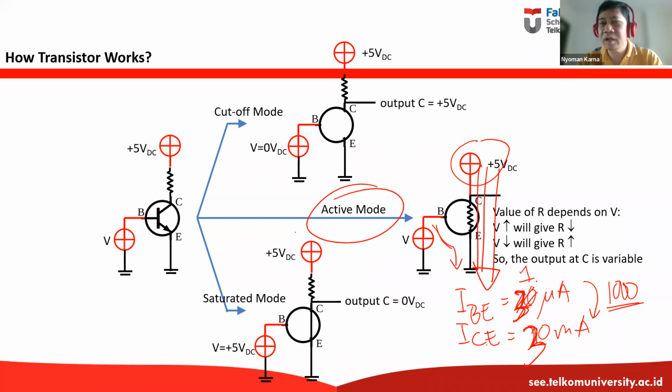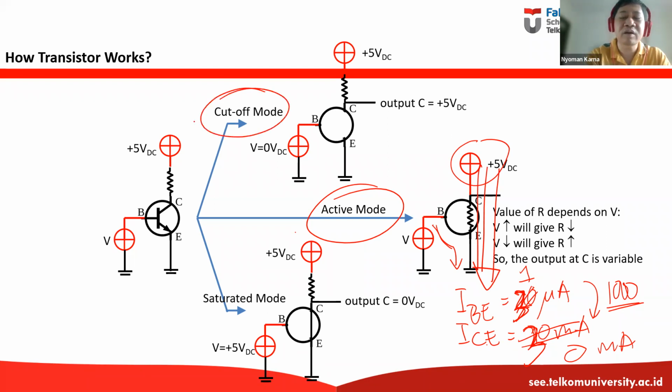So there will be no current, zero current, moving from the collector to emitter. So if the current from the base is too small, then there will be no current from collector to emitter. This is what we call cutoff mode. So this is cutoff.